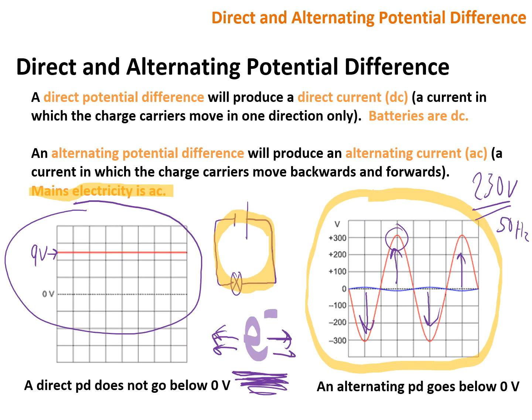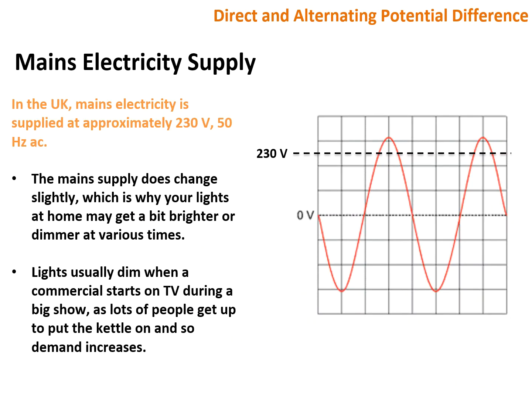We did hertz with light waves and sound waves. 50 hertz means it's alternating up and down 50 times a second. So, 230 volts, 50 hertz.